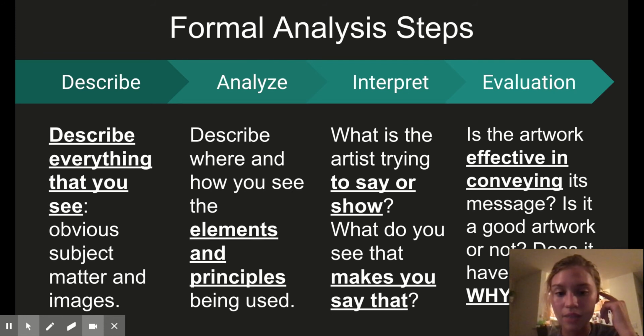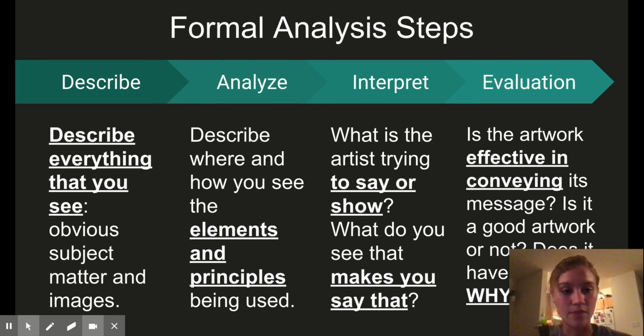So I really want to make sure that I say this as many times as possible. You are not wrong about how you feel about an artwork or what you think it means, as long as you make sure you tell me why you feel that way. And that means showing me or visually describing what you're seeing that makes you feel that way.